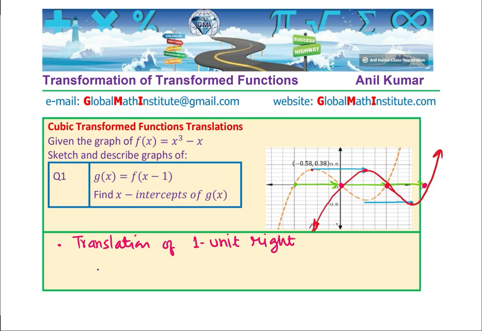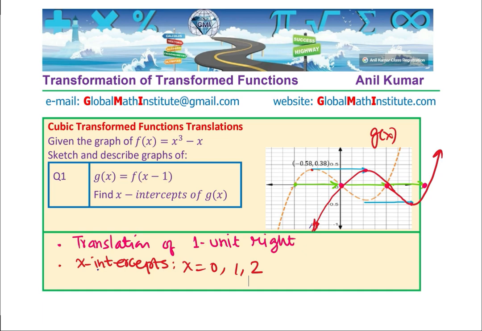Is that clear to you? So that becomes the new graph of g of x. And so we can see that the x-intercepts, instead of being at minus 1, 0, and 1, are now at 0, 1, and 2. That is how the x-intercepts will move.